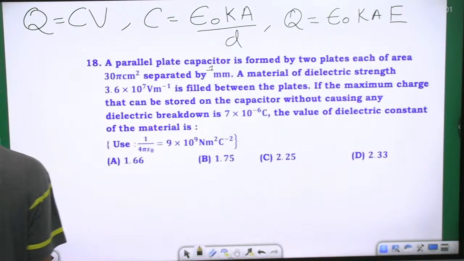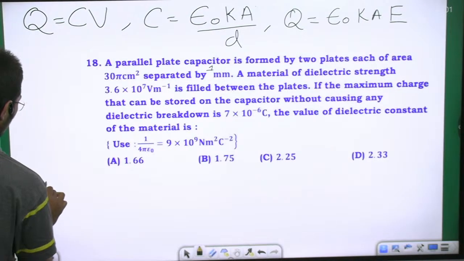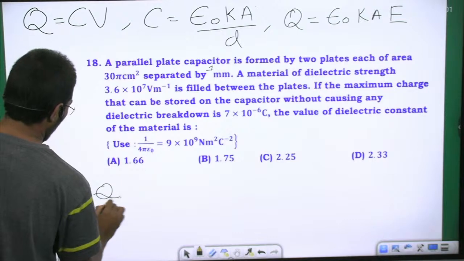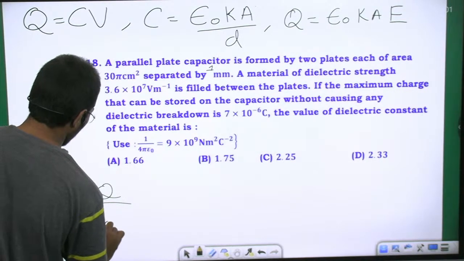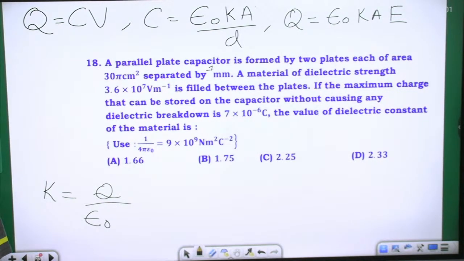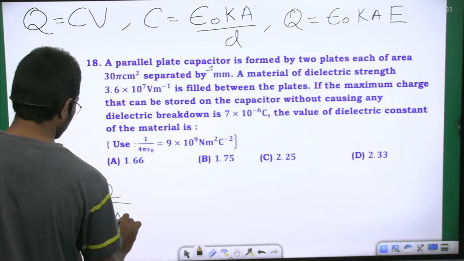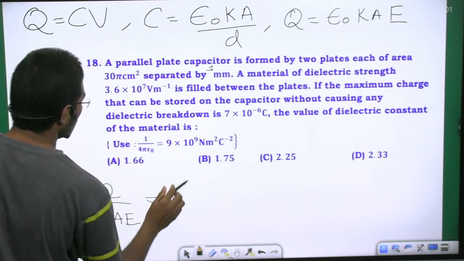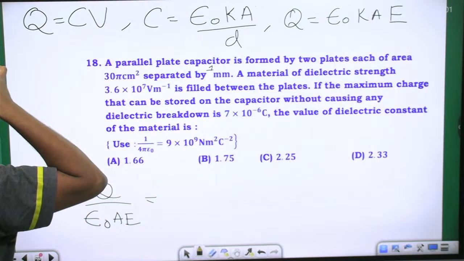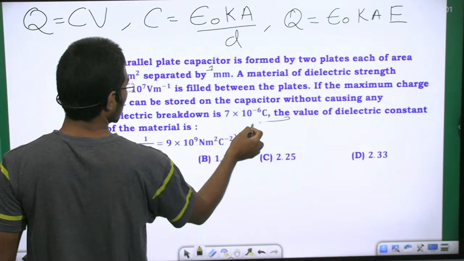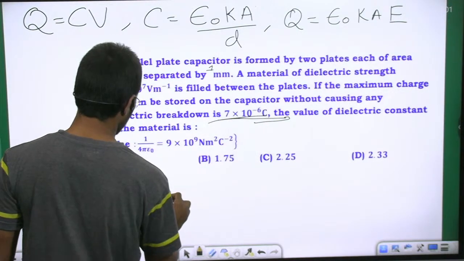We have everything given, so just substitute it. K is equal to Q by epsilon naught A E. What is this Q? The maximum charge that can be stored, 7 into 10 power minus 6.